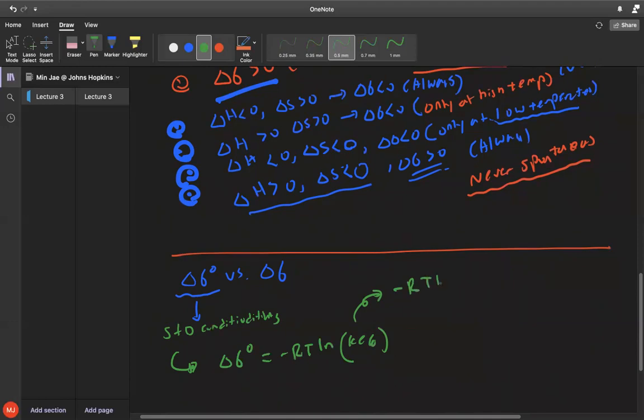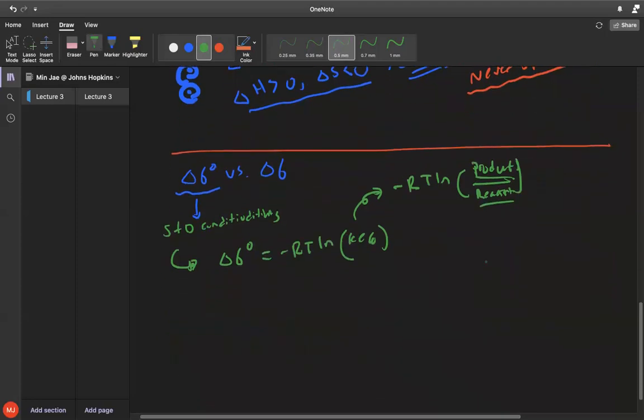That's RT ln of products over reactants, just like that.